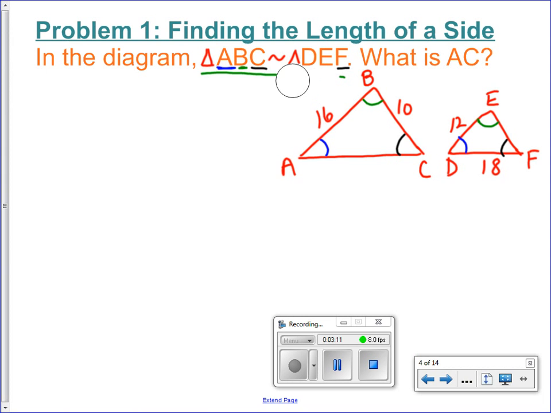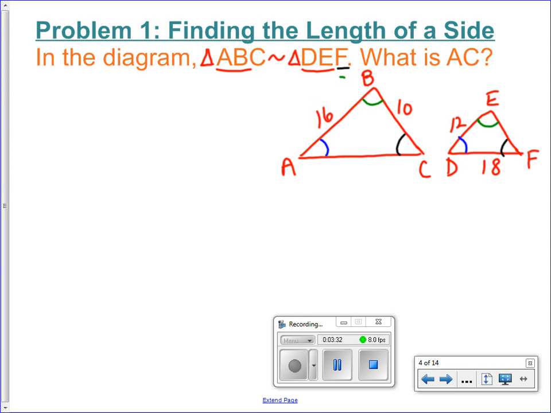Now, that said, we can also compare the line segments as well. So, for instance, we know that line segment AB, since those two letters are listed first, is proportional to DE.